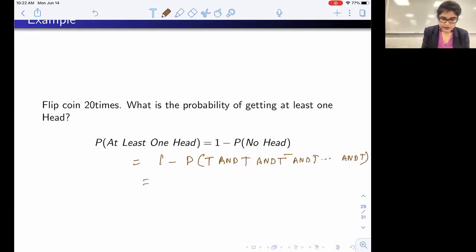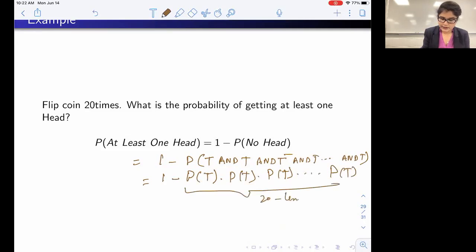Because these are independent events, we use the product rule: the probability of T times the probability of T, taken 20 times. What is the probability of finding a single tail? 1 by 2.